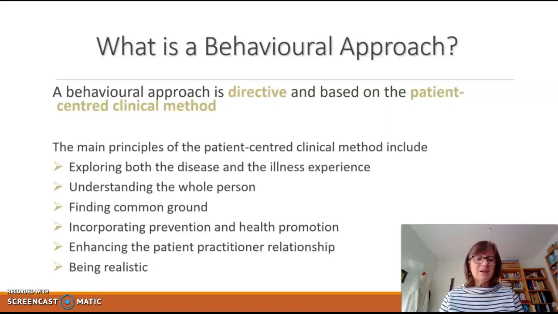We might need to consider their iron intake. But also, just because they have celiac disease doesn't mean they might not be at risk of diabetes and cardiovascular disease. So our approach needs to consider a very holistic look at their lifestyle and their health journey, as well as just considering the celiac disease.